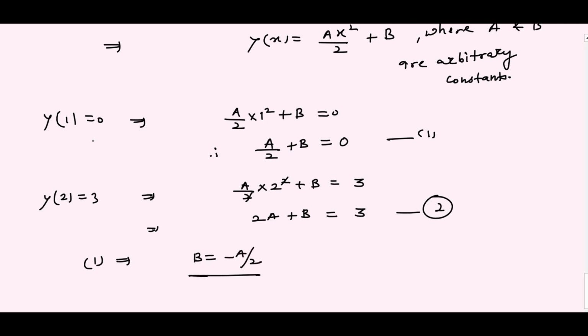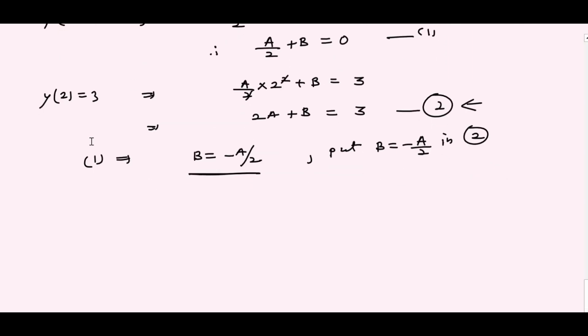So put this value in equation 2. Now put the value of b, that is negative a by 2, in equation 2. Then we will get 2 times a, negative a by 2, is equal to 3.